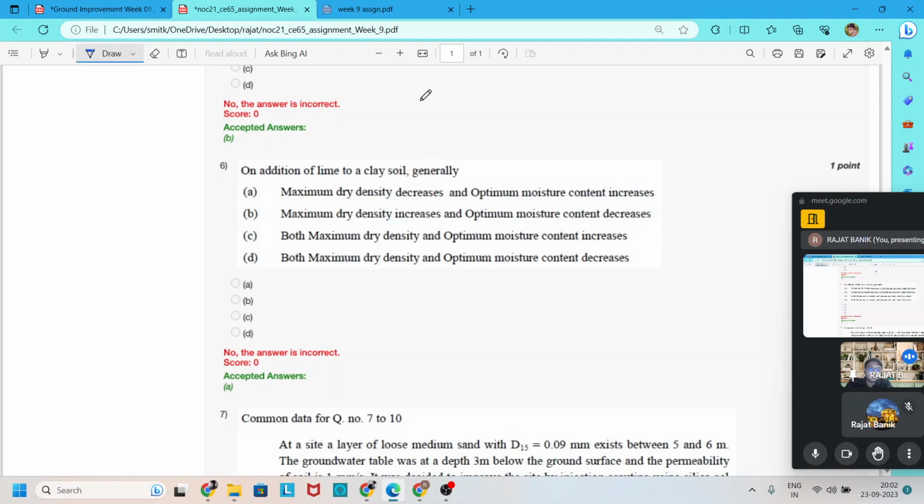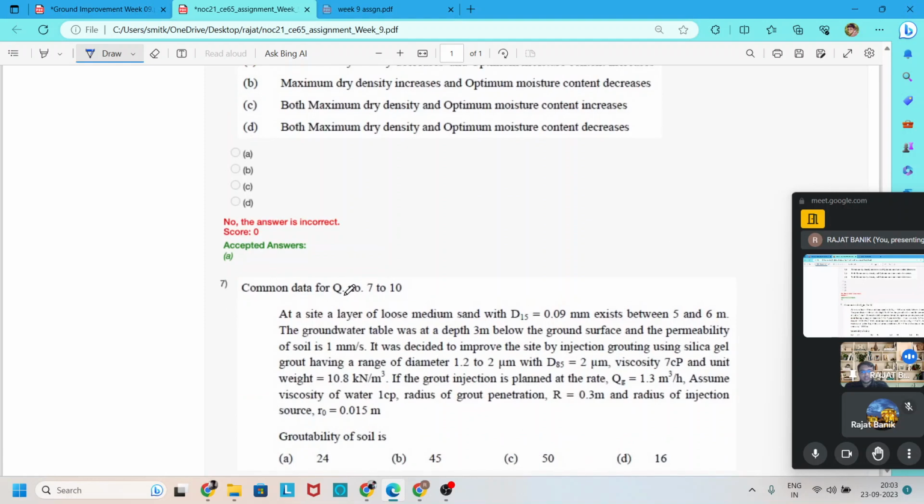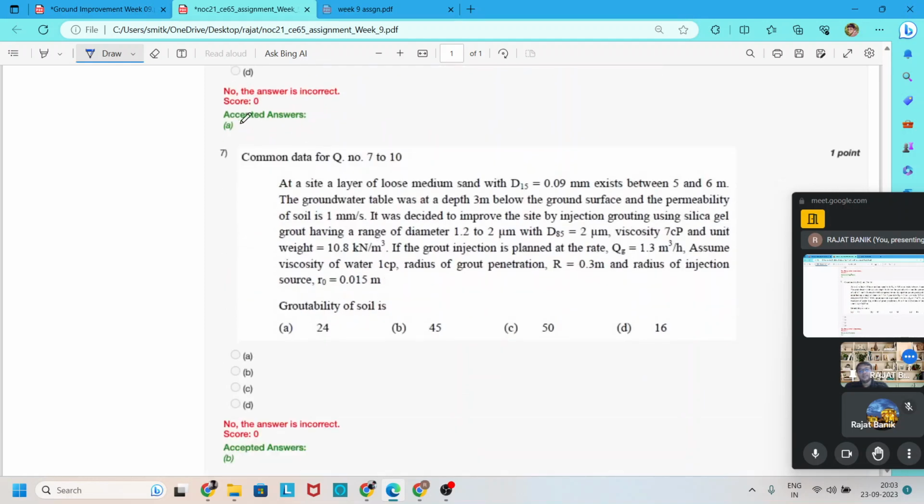Both maximum dry density and optimum moisture content decreasing is also wrong. So the correct option is option A. Now for questions 7 to 10, one numerical is given, which is based on our previous class, not this class, which discussed grouting, whatever we discussed.